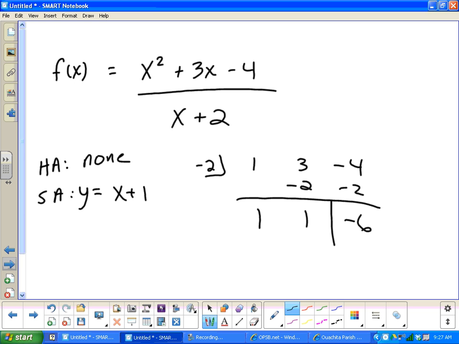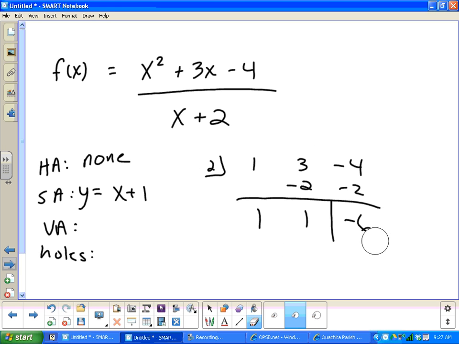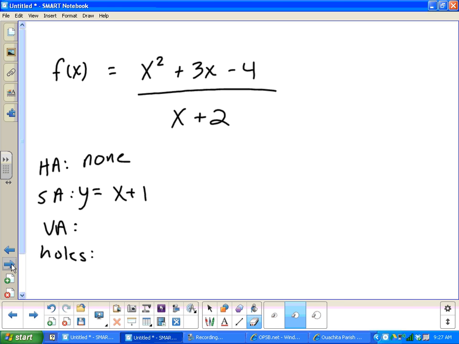Now, let's talk about the vertical ones and possibly any holes. All right. So what are we going to have to do to figure out vertical ones? Can we just say -2 because that's what's going to make it undefined? Mm-mm. We need to simplify it first, right?